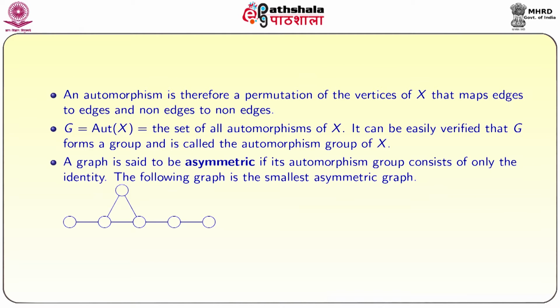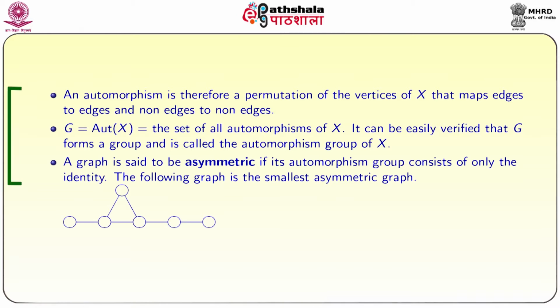An automorphism is therefore a permutation of vertices of x that maps edges to edges and non-edges to non-edges. If G is equal to automorphism of x, the set of all automorphisms of x, then it is easy to verify that G forms a group and is called the automorphism group of x.